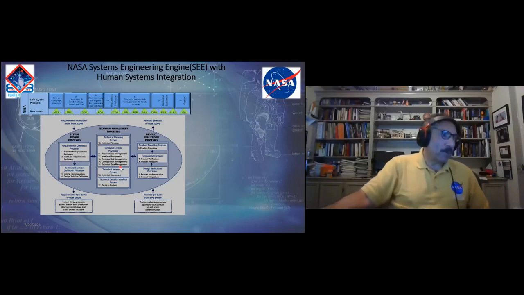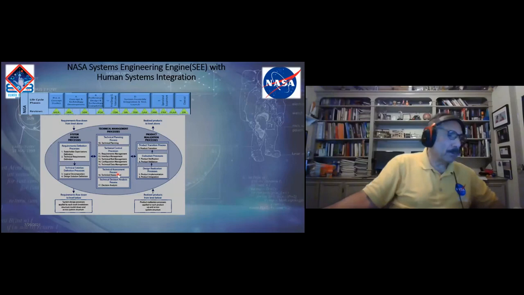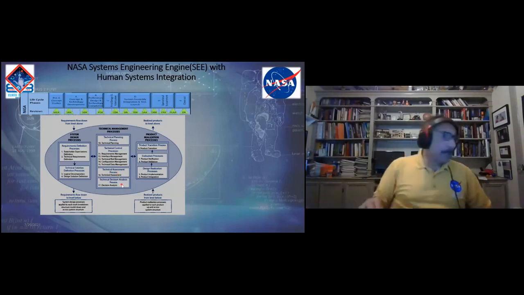What am I interfacing to? What is the human going to interface to? Technical risks. What are my risks? What's the risk for the human using this system while they're doing extravehicular activities? Technical assessment. You're assessing your system all the time. You're assessing your design solutions all the time. And then obviously decision analysis.